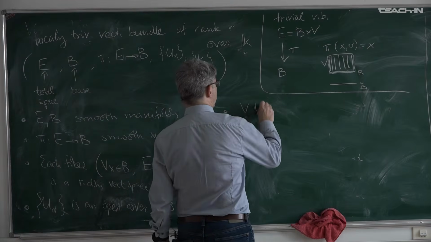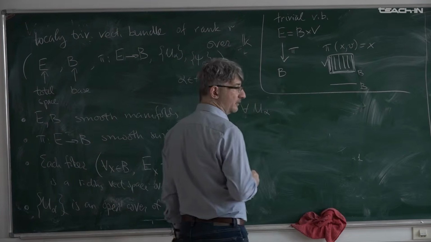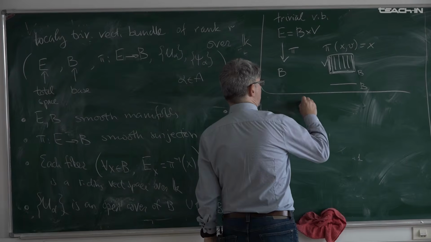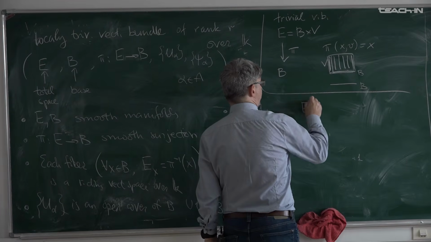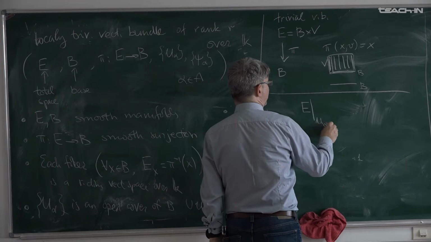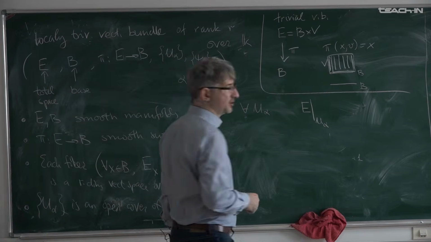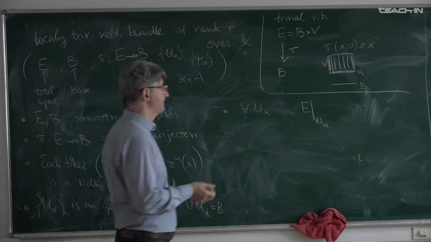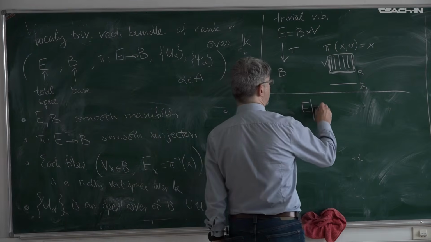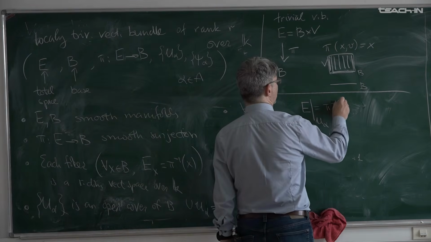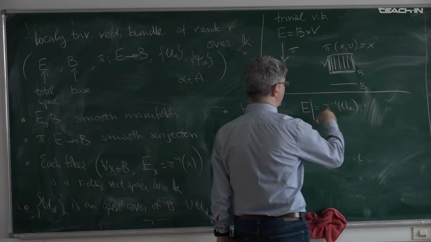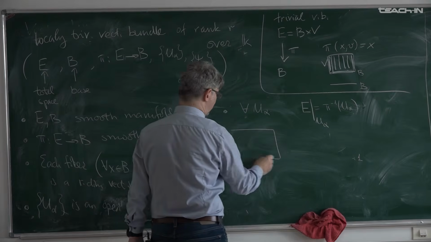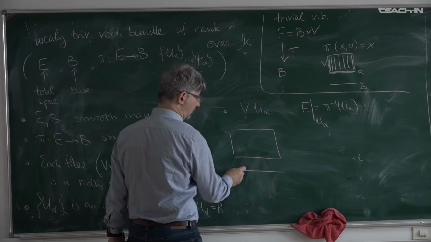For every element of our open cover, if you restrict your projection to the preimage of the open set U alpha, so you can think about it as p minus 1 of U alpha. So this is a part of our vector bundle. You can think about it in the following way.